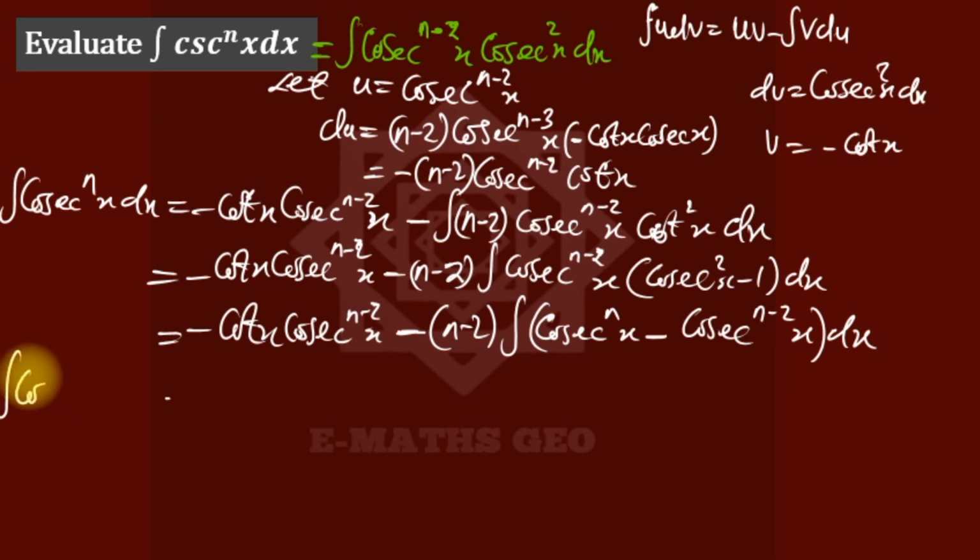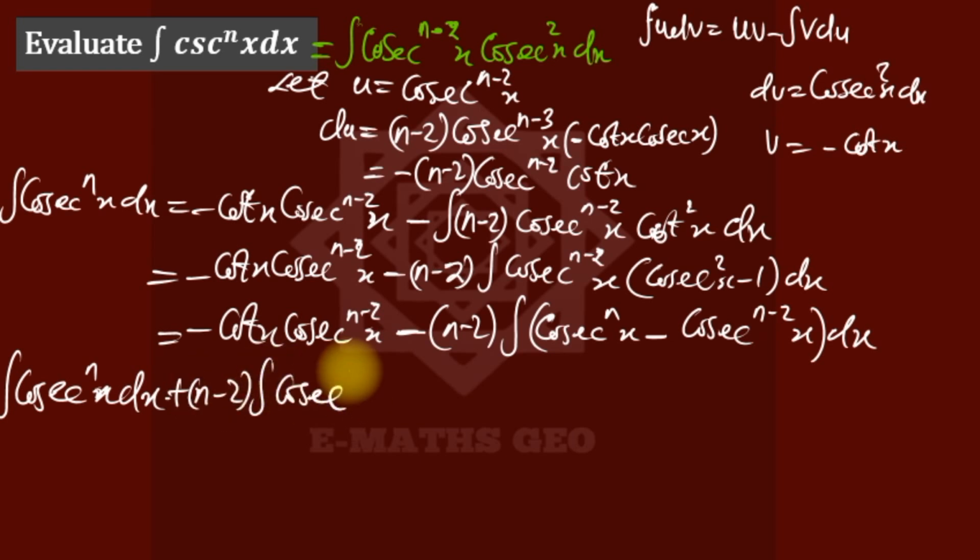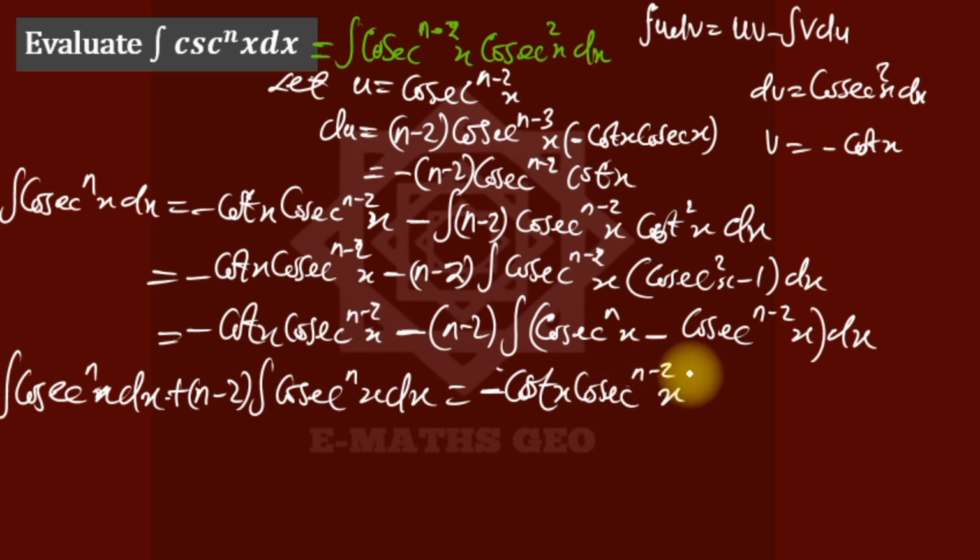So let's repeat the first one: this one moved to be plus n minus 2 times the integral of cosec x raised to power n dx. I've moved the product of this and this to the other side to be plus of that same thing, and what is left here is minus cot x cosec x raised to power n minus 2.